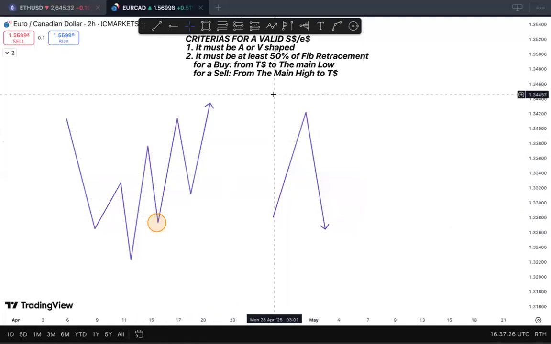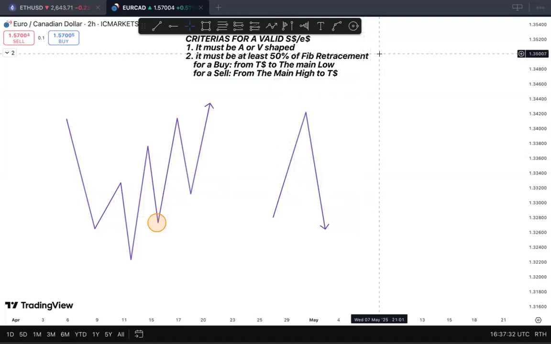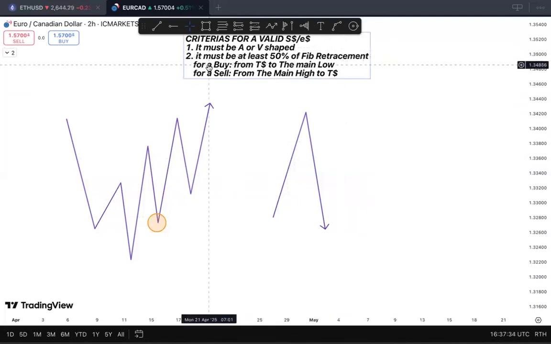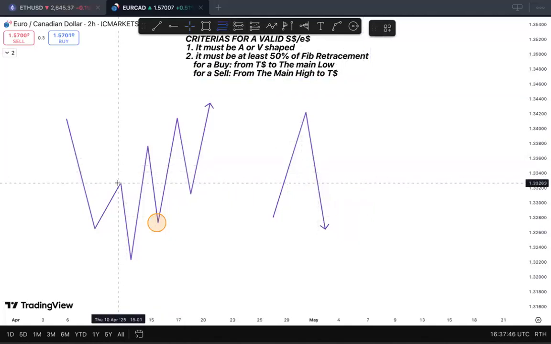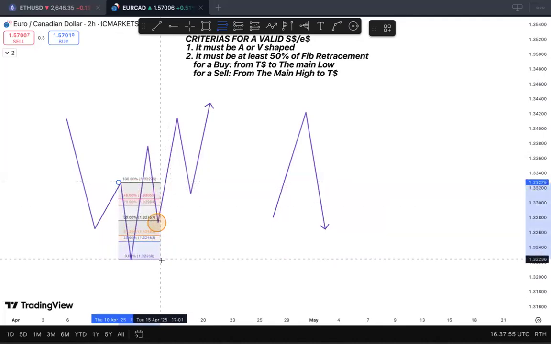But then, what is the next criteria? Second, it must be at least 50% of fib retracement. So how do you measure your fib retracement? For a buy, from transactional liquidity, you place your fib from the transactional liquidity point to the main low. So we're going to pick up our fib retracement tool, place it at the transactional liquidity. Remember, this is transactional liquidity, and then we take it toward the main low.